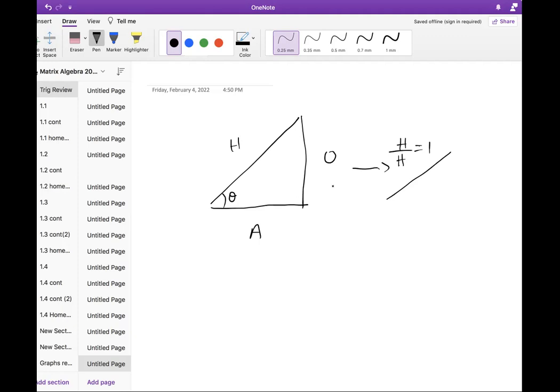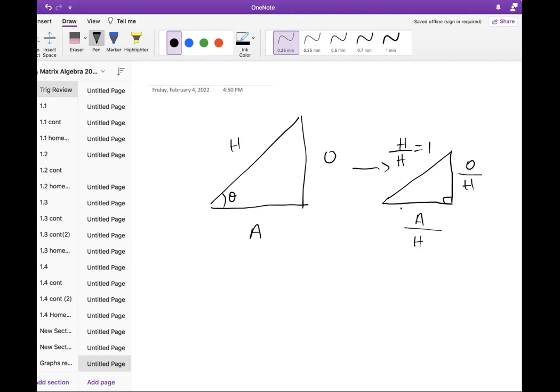So I must do the same thing to the other sides, right? Because I want to maintain proportionality. If I want a similar triangle, these sides need to be proportional. So I'll take the opposite side and divide it by the length of the hypotenuse, and I'll take the adjacent side and divide it by the hypotenuse.